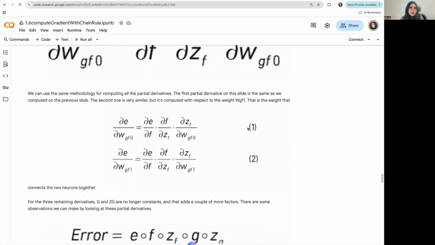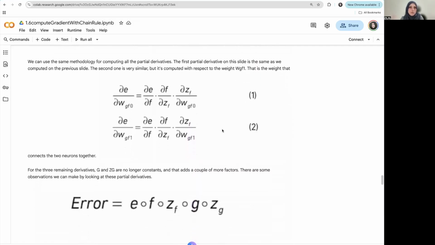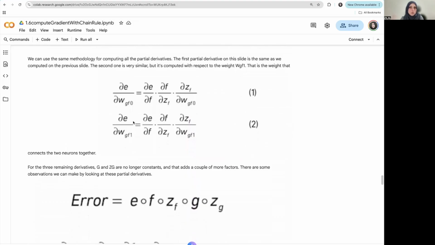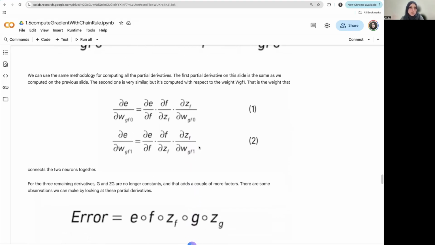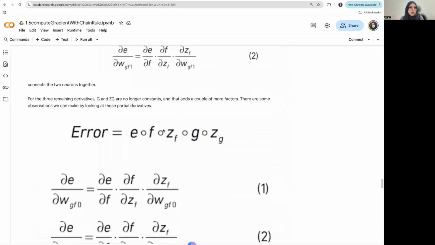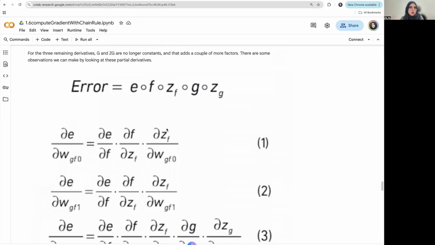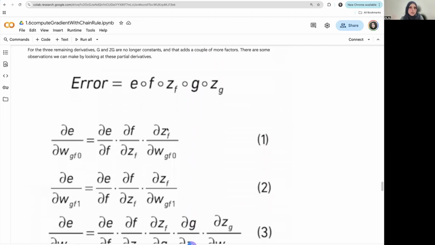We can use the same methodology for computing all partial derivatives. The first partial derivative on this slide is the same as we computed on the previous slide. The second one is very similar, but it's computed with respect to weight WGF1. For the 3 remaining derivatives, g and zg are no longer constants, and that adds a couple more factors.